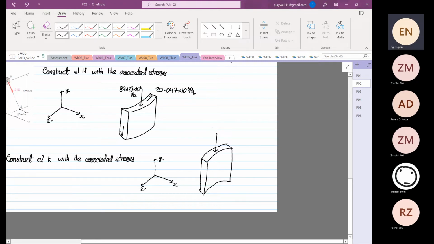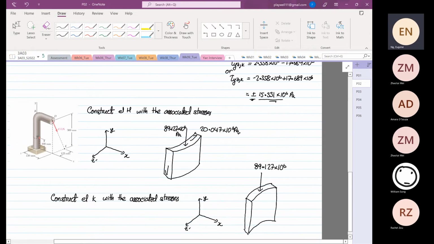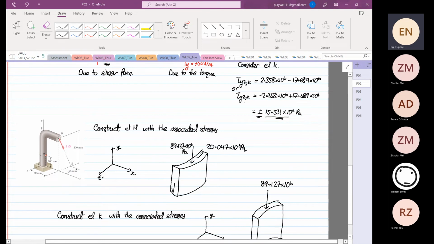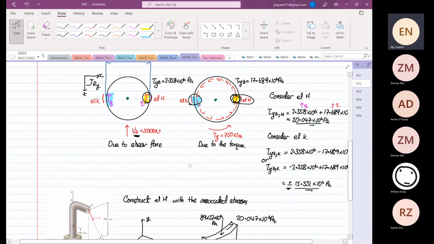So this is equal to 89.127 times 10 to the power 6. Now the shear stress, the dominant one, is due to the 17.687 that is induced by the torque, whereas the shear stress induced by the shear force is only 2.358.